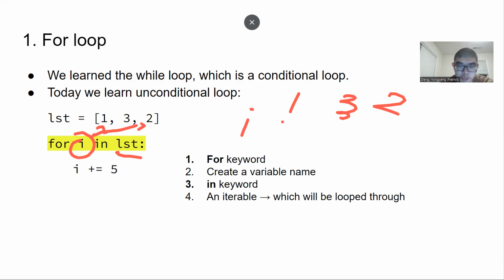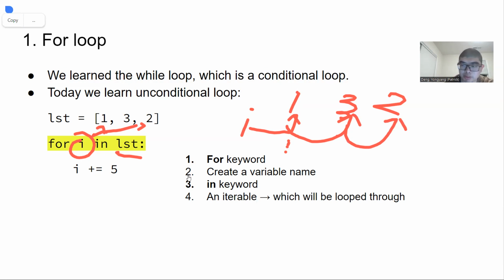Every time, like a bookmark, I point i to 1, and then I do something here. For example, i plus equals 5. So I would do i equals i plus 5 for 1. After finishing, I jump to another one. This time i will be 3, and then I jump to 2, which is the last element of the list.